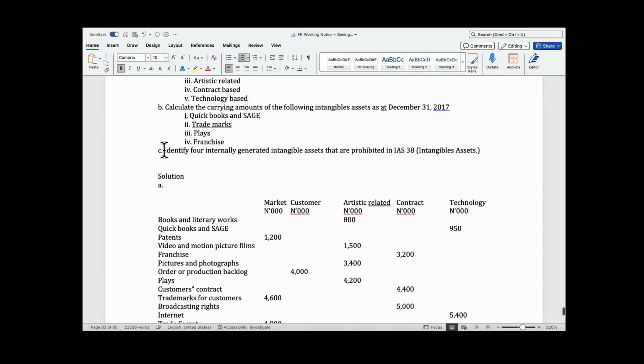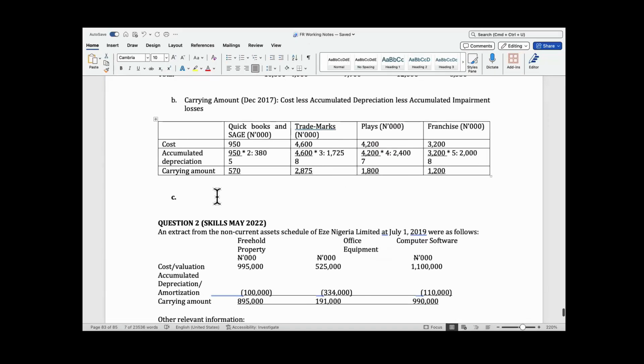Then C, they said identify 4 internally generated intangible assets that are prohibited in IAS. Okay, who can give examples of internally generated intangible assets?